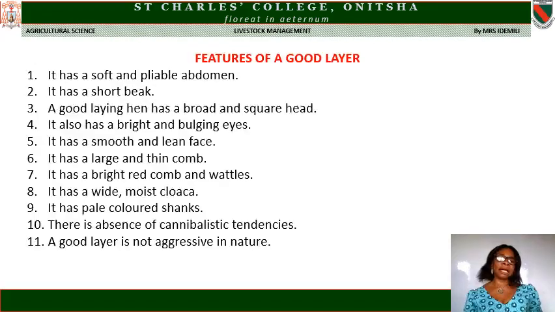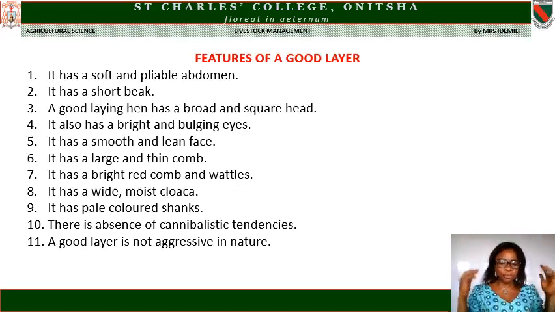Features of a good layer. It has a soft and pliable abdomen. It has a short beak. Another one is that a good layer has a broad and square head. A good layer has bright and bulging eyes.